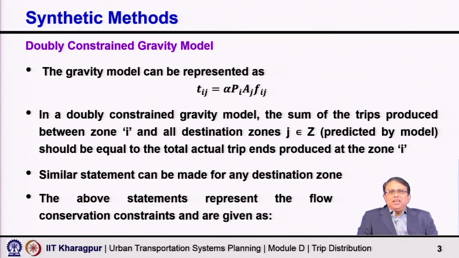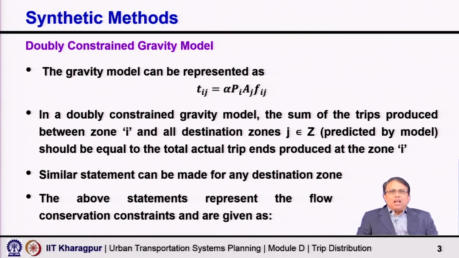Then both ends match automatically by the model itself. In the singly constrained model, only one end was matching, the other end was not, and we had to do something externally. But here no need to do anything externally; the model form itself will ensure that.